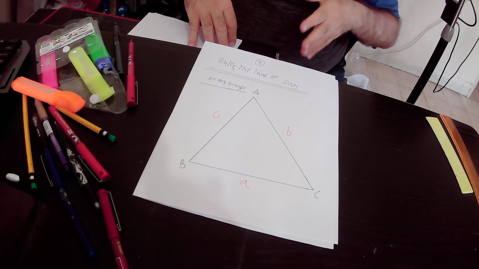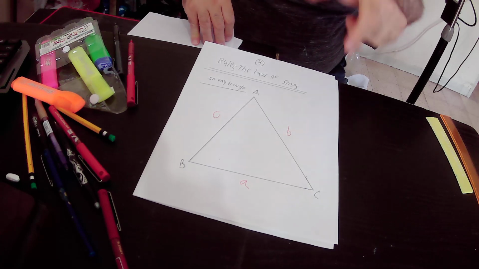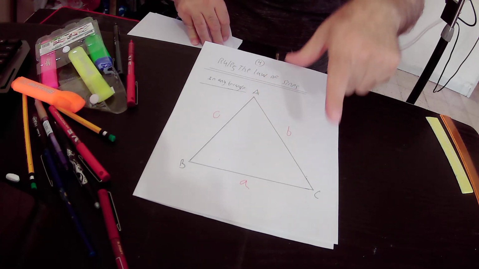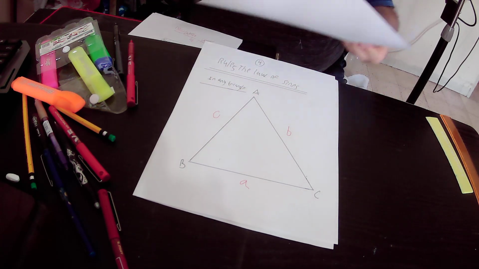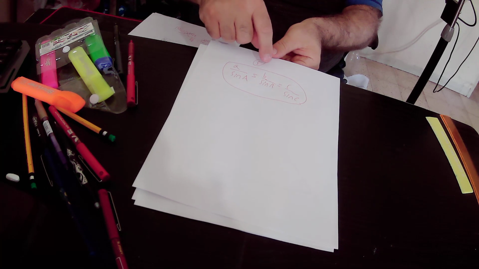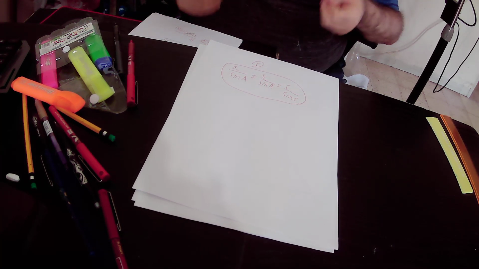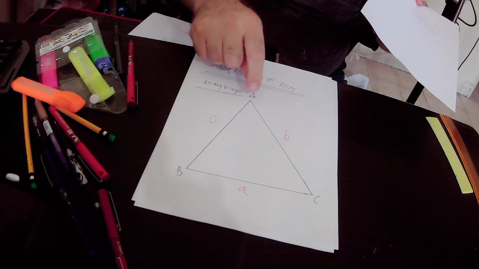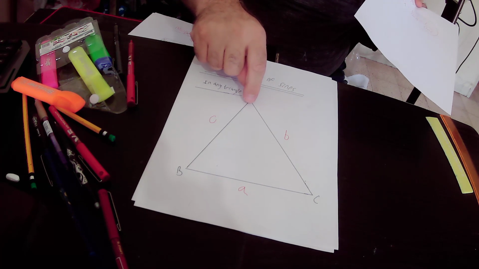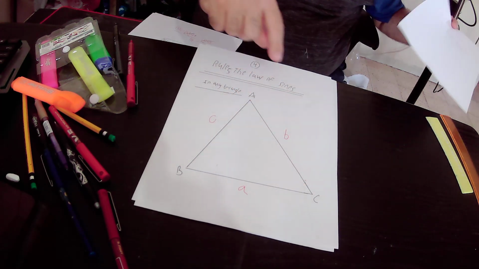According to the law of sines, which you can use in any triangle, A over sine A equals B over sine B equals C over sine C, where capital A, capital B, and capital C are the sizes of the angles.